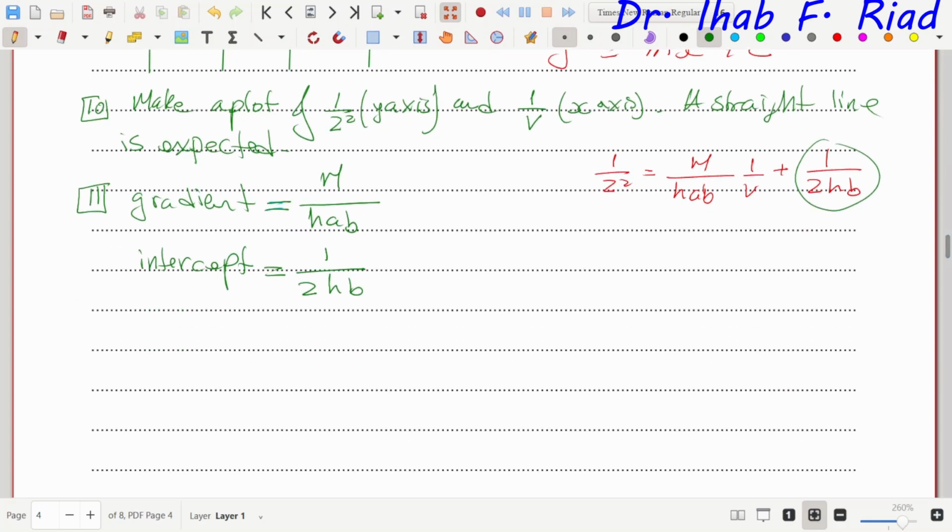Okay, then therefore what we are asked is to calculate A and B. I think the thing to calculate first is B. Okay, B is equal to 1 over 2h times the intercept.